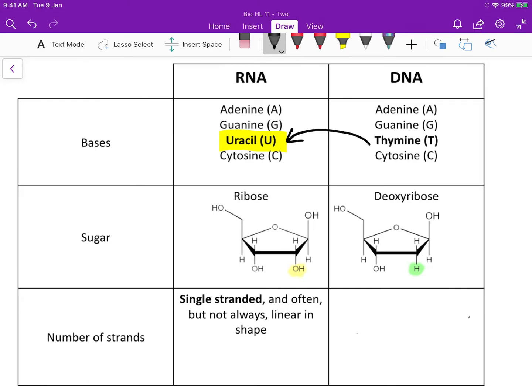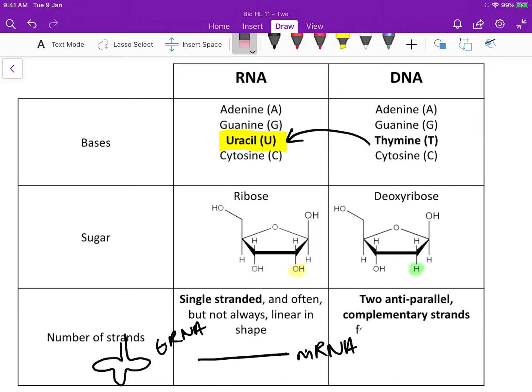It can form some weird shapes, like a T shape, and we're going to see something called tRNA. The linear one that we will see is called mRNA, messenger RNA, but you can get this T-shaped thing, which is tRNA, and we'll see that later. But it's always single-stranded.